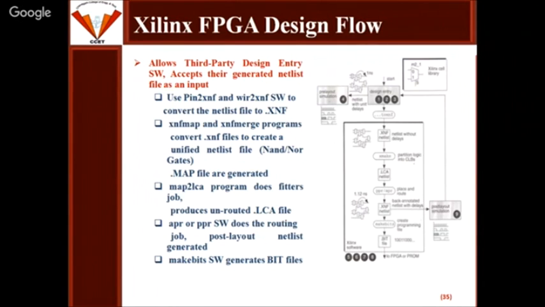Then the map to LCA program does the fitter's job. It means it fits the things and produces an unrouted .lca file. And after that, the APR or PPR software does the routing job. A post layout netlist will be generated, and then you are going to test the things after, or it is termed as the post layout simulation of the device.